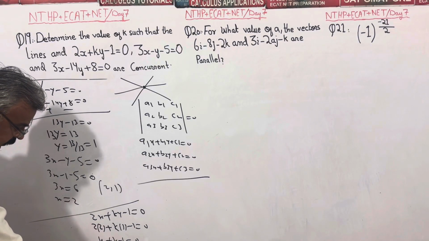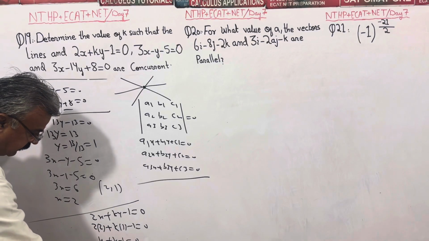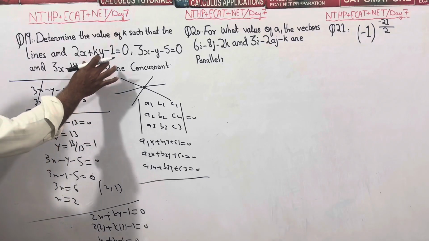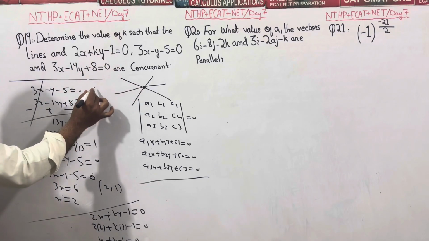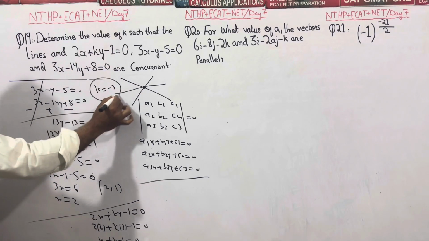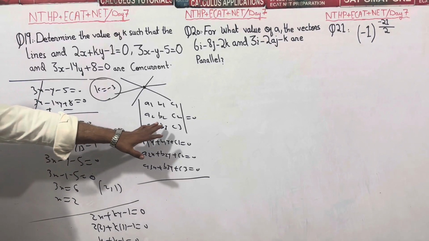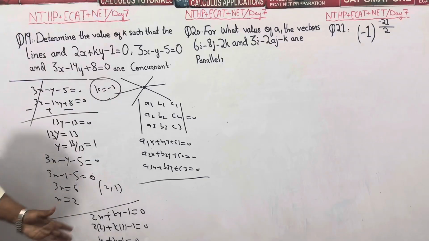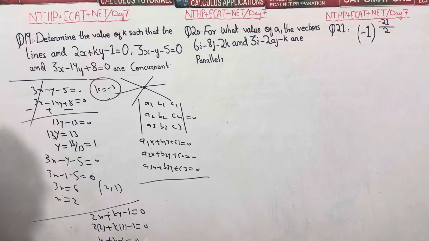Plus 4 minus 1 is 3. Shift to the right-hand side, k is equal to minus 3. The value of k is minus 3. We have found the value of k as well as the point of intersection within no time, in the blink of an eye.